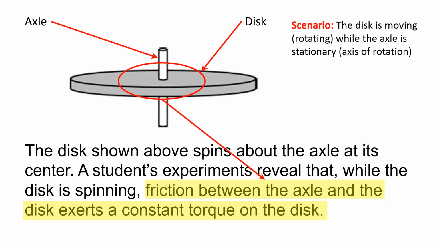So if the disc is intended to rotate counterclockwise, friction is causing it to slow down, because friction develops what we call frictional torque, which is in the opposite direction of the disc.